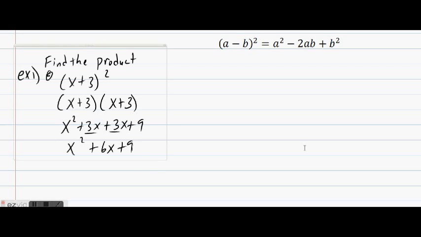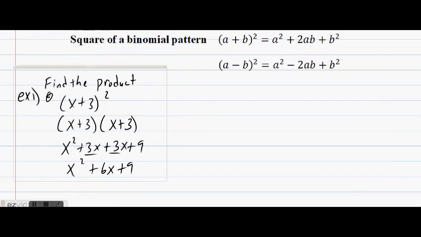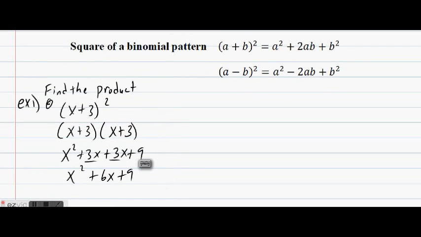Now I want to use this special pattern right here, and you're going to see we get the same exact answer. But I want you to understand that when it says squared, you're writing it out 2 times. Say on a test or a quiz you forget this pattern, you can always go back to FOIL or double distributive property.